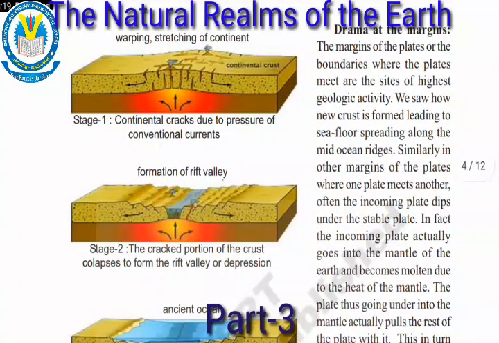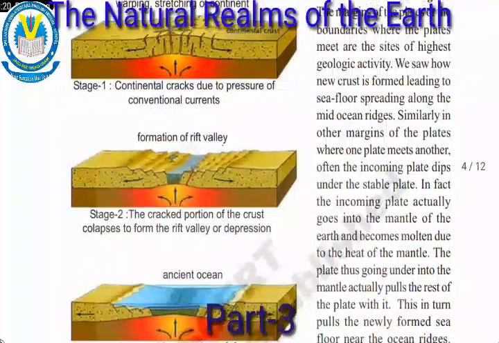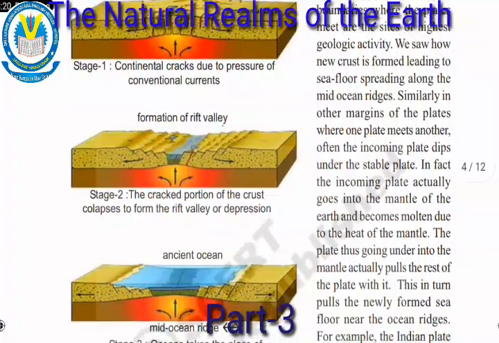And then here the floating plate would go under the stable plate, and the incoming plate actually goes into the mantle of the earth and becomes molten due to the heat of the mantle. So when the mantle is so hot, then the incoming plate would become molten and goes under the stable plate, which is not actually moving.